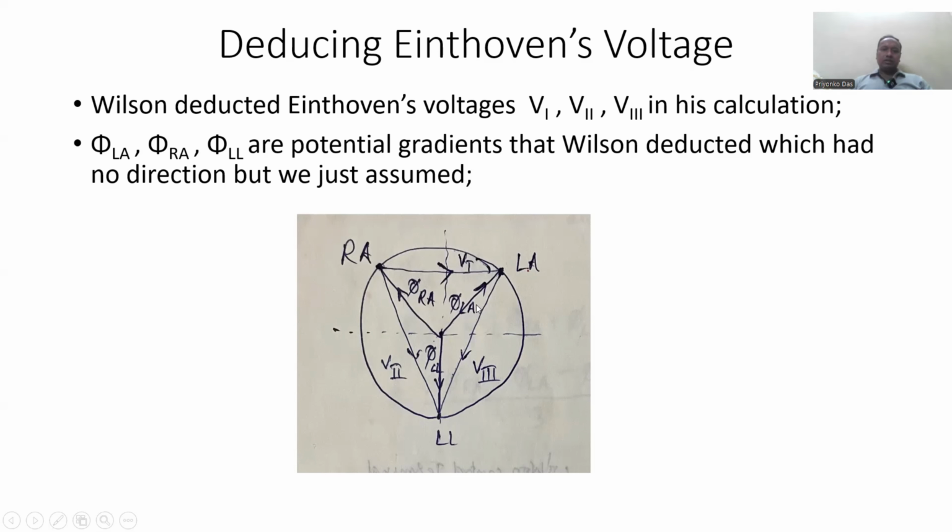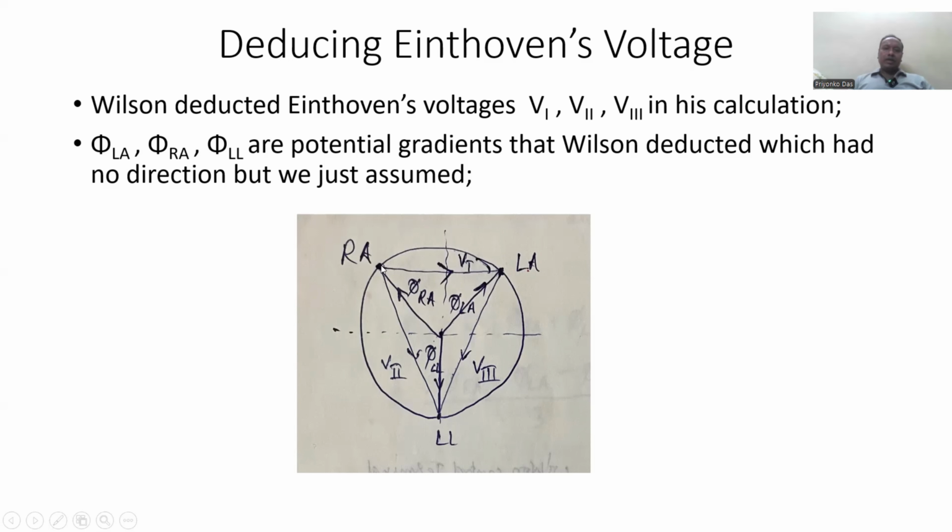So all these gradients will be working in the outward direction from the center of this sphere or body. If we take this triangle, which is RA, LA, and the center position, supposed to be O, the origin.